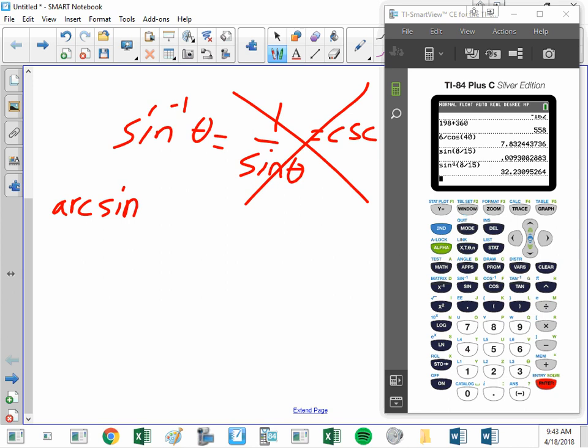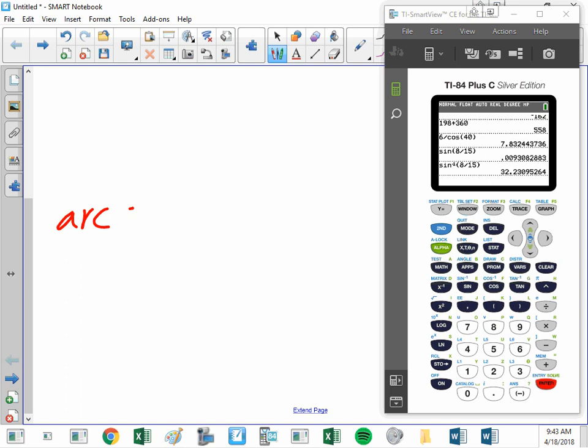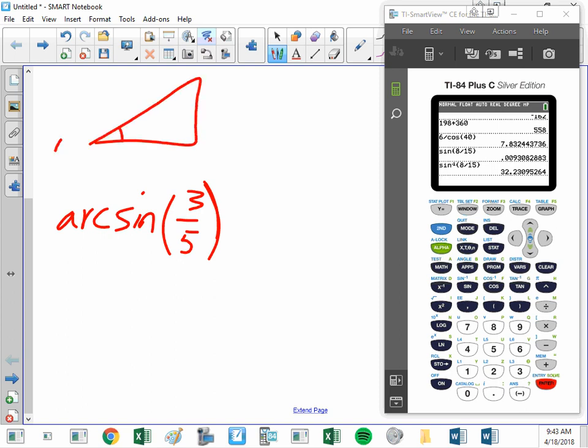So if I had the arc sine of 3 over 5, what does that mean? Well, we draw a triangle, we call this theta, and the opposite would be 3, and the hypotenuse is 5, and we would know this is 4, but what are we actually computing?